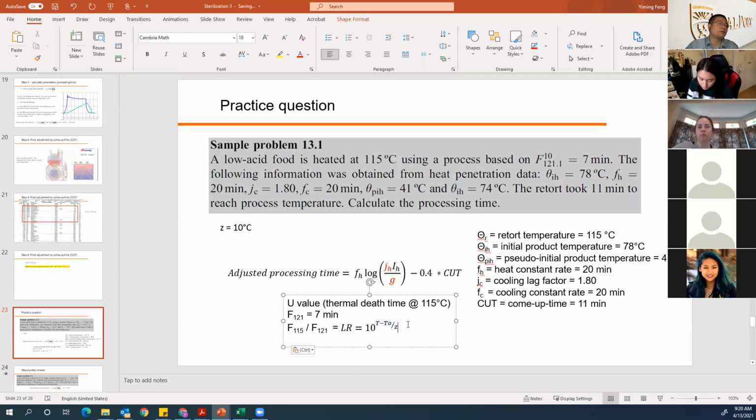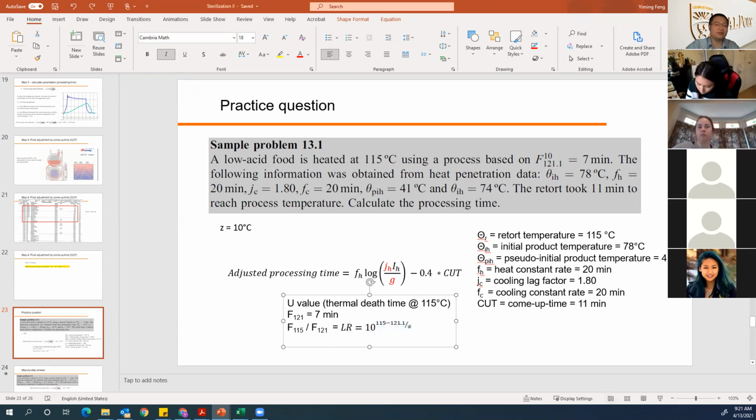Okay, so we want to calculate the lethality at 115 degrees C. What we do is just plug in the numbers. Our running temperature is 115 degrees C, our reference temperature is 121.1 degrees C, and our Z value is 10 degrees C.